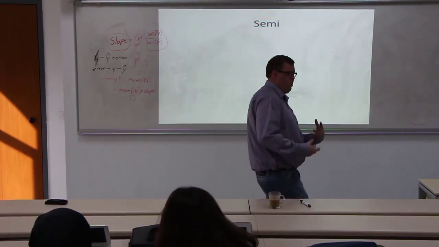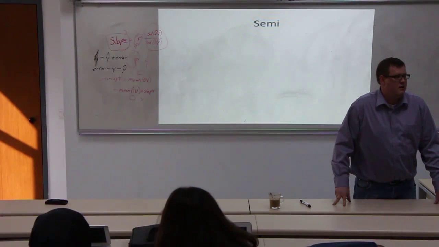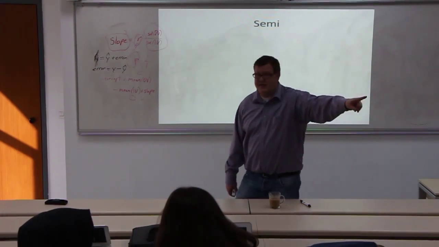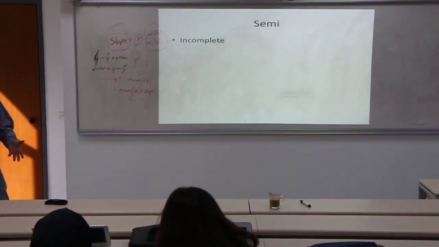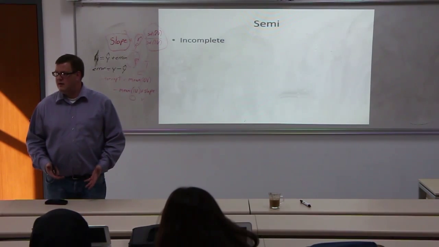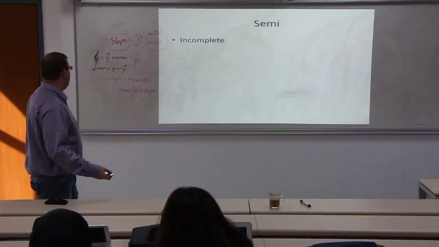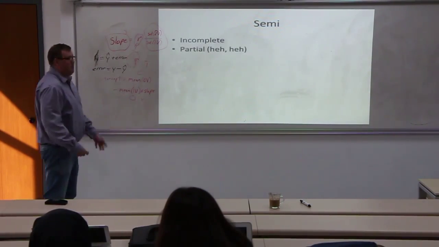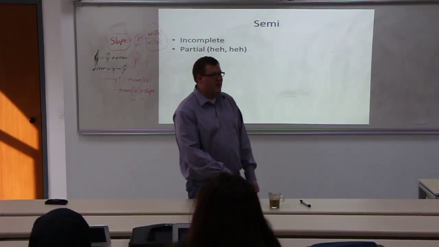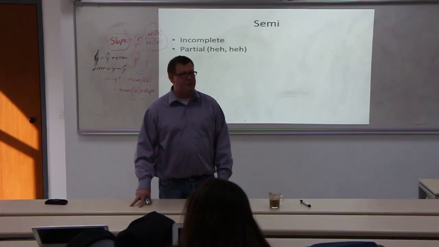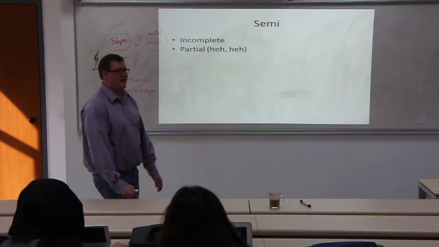Something related to part of. Part of. Incomplete. Semi, you have part of something. Half is part of something. So, semi, incomplete, partial. We could call this semi-partial correlation, we could call it a partial-partial correlation, but that's just really confusing, so we'll stick with semi-partial correlation.